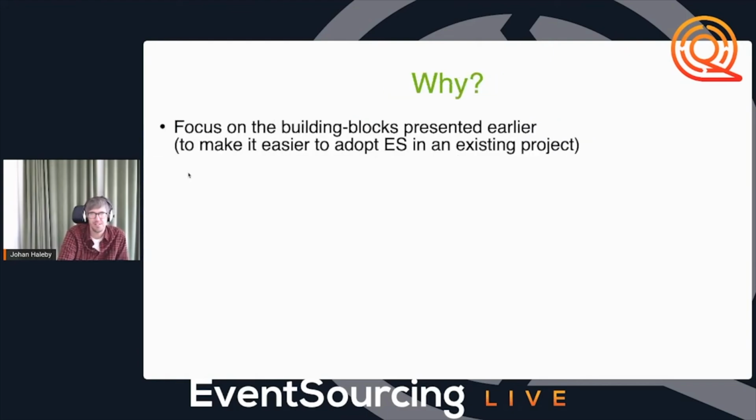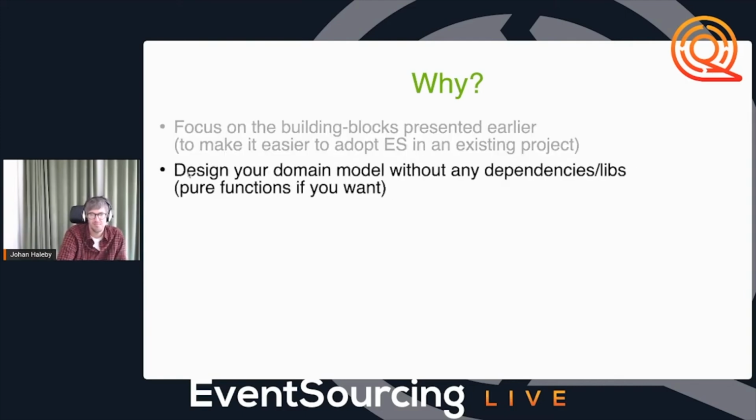So why did I build it? Well, I wanted to really focus on the building blocks presented earlier to make it easier to adopt event sourcing in an existing project. And this was another really important design decision, that you should be able to design your domain model without any dependencies or libraries whatsoever, and use functions or pure functions if you want.